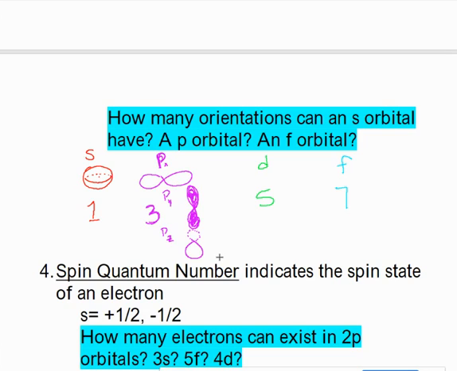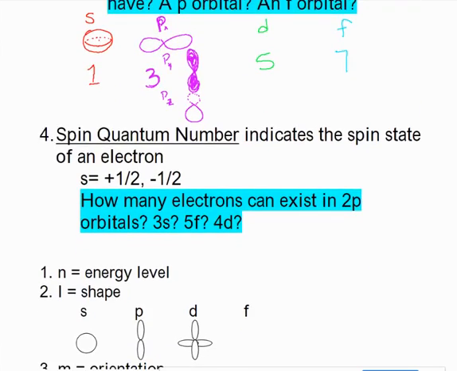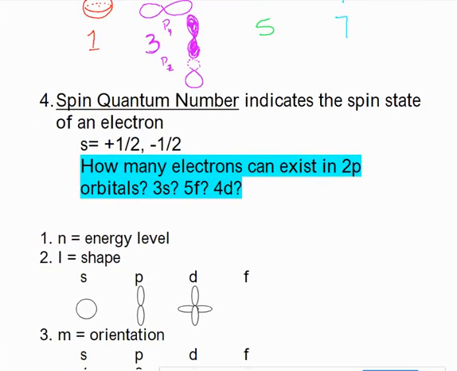So these are odd numbers. It's pretty easy to remember: 1, 3, 5, 7. That's how many orientations are in these different shapes. And last but not least, we have the spin quantum number. This can be very complicated because it's not an actual spin, it's some quantum mechanical property of the electron.